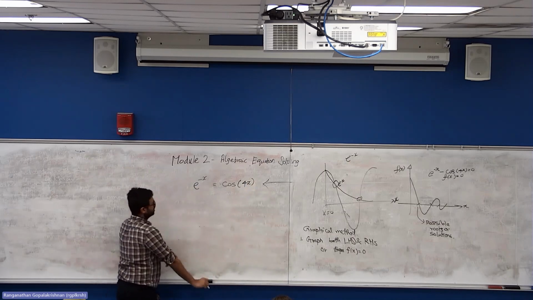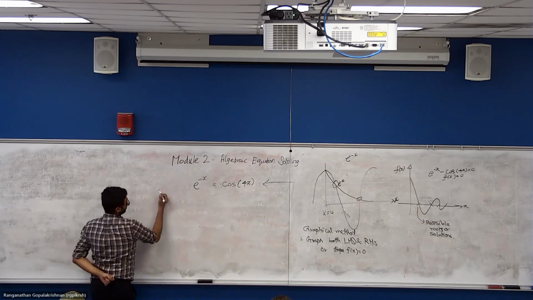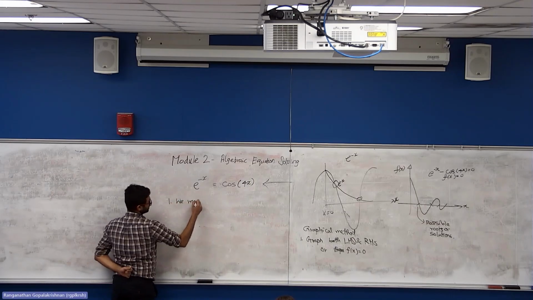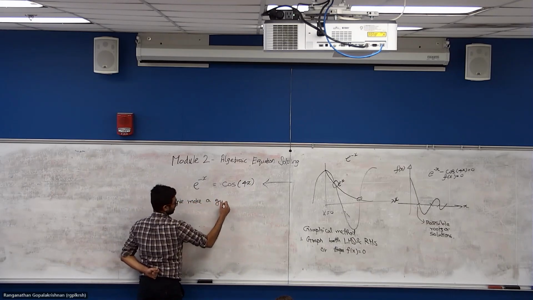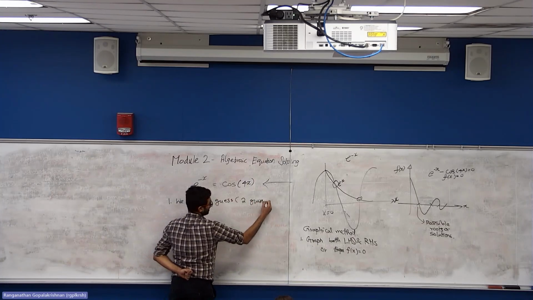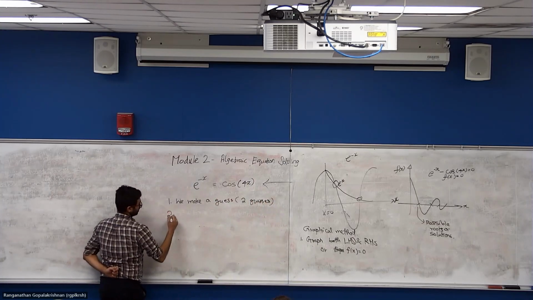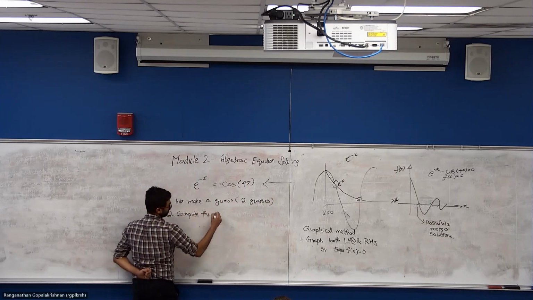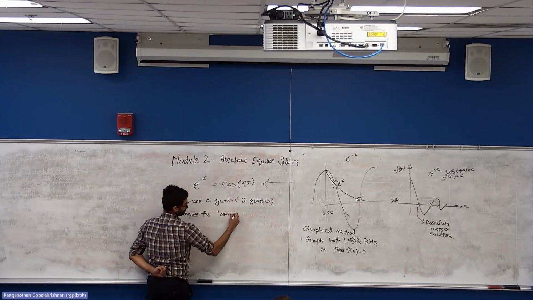This is our equation. So we make a guess. Actually, we are going to make two guesses. I'll tell you why. Compute the consequence of that guess.